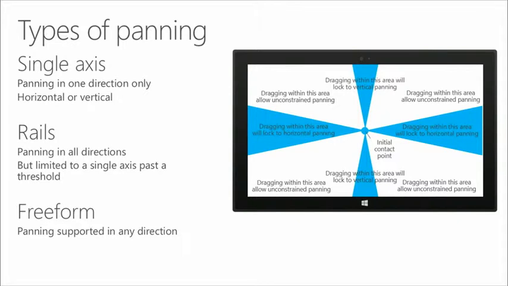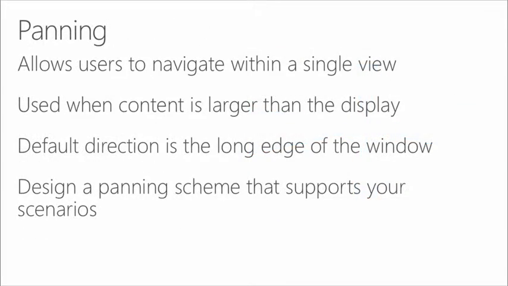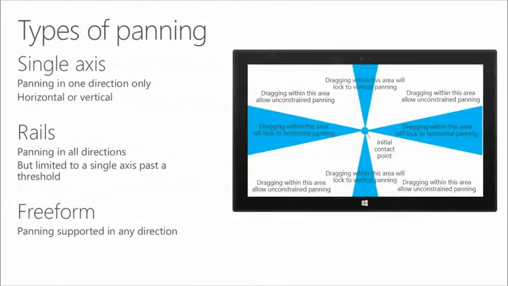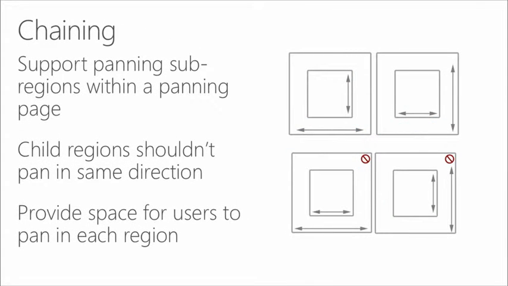You can have a rails type of panning, so you can pan in all directions, but it's limited to where you start or where you move your finger, whether you're going on the horizontal axis or on the vertical axis. And of course, then there's also free form panning. You see this, for instance, with a map, where you want to move around in any direction. So those are different types of panning.